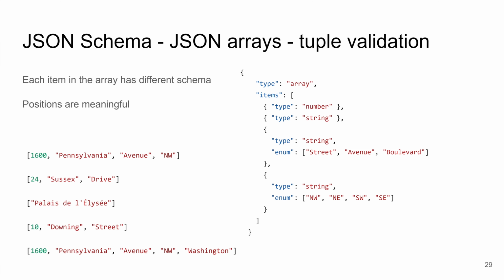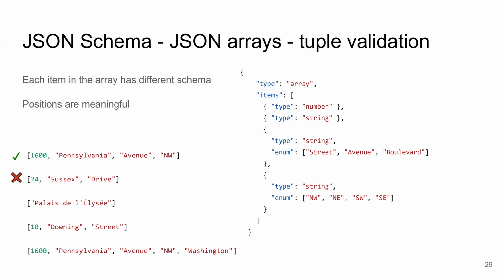So in the first case, we have a number, a string, then a string which corresponds to one of the enumeration possibilities, and then another string which again corresponds to some of the enumeration possibilities. So the first JSON array is valid. The second array has a number, then a string, but then it has a string containing the text drive, which is not listed in the enumeration.